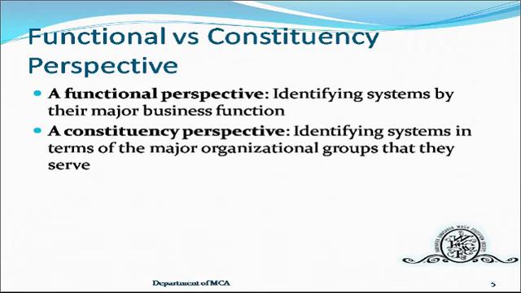Now let us understand what is functional perspective. It is designated for identifying systems by their major business functions, whereas constituency perspective is designated for identifying systems in terms of the major organizational groups that they serve.